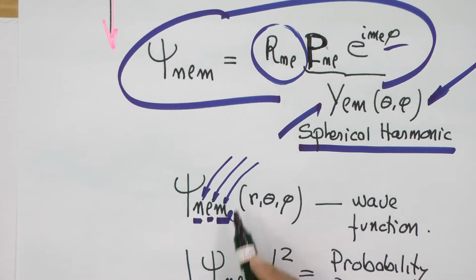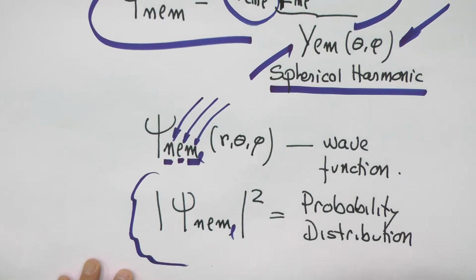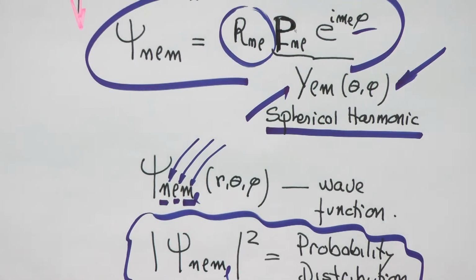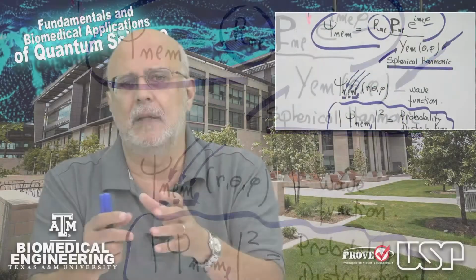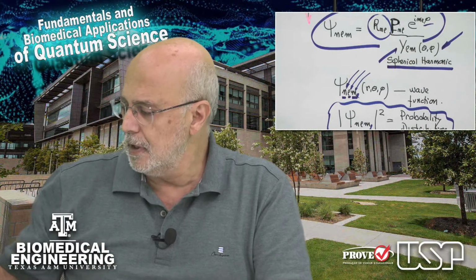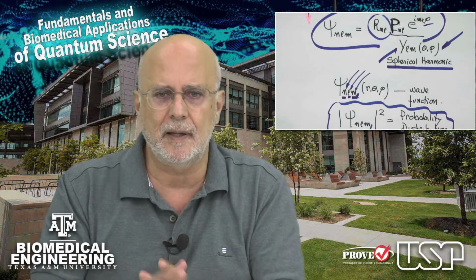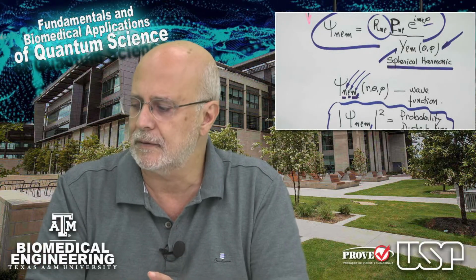And this wave function squared, of course, is the probability distribution in space for this electron. Since it is the probability distribution of the electron, it's also the distribution of the mass and the charge of the electron.